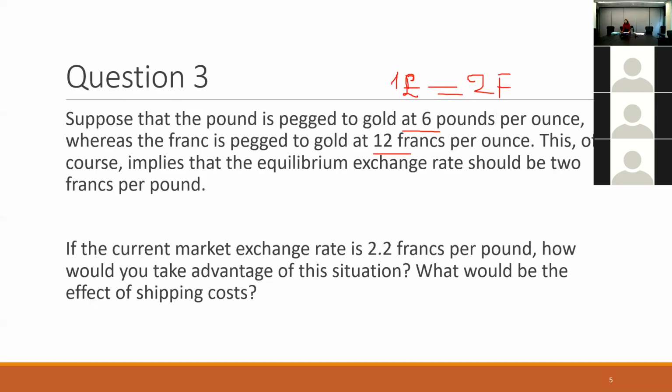Now, when you observe the foreign exchange market, you see that the market is currently trading the pound at 2.2 francs instead. So in the market, the actual traded price is 2.2 francs for every pound.